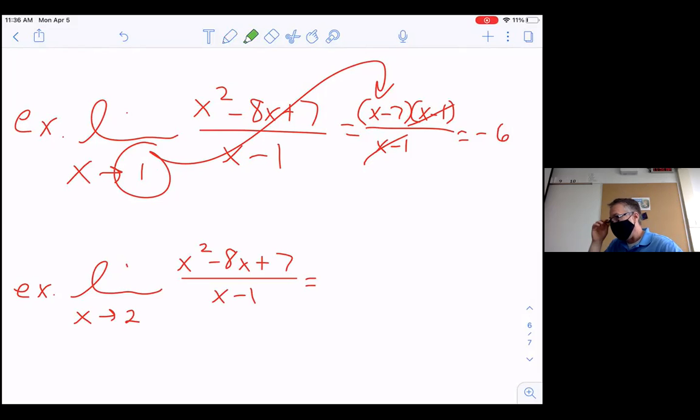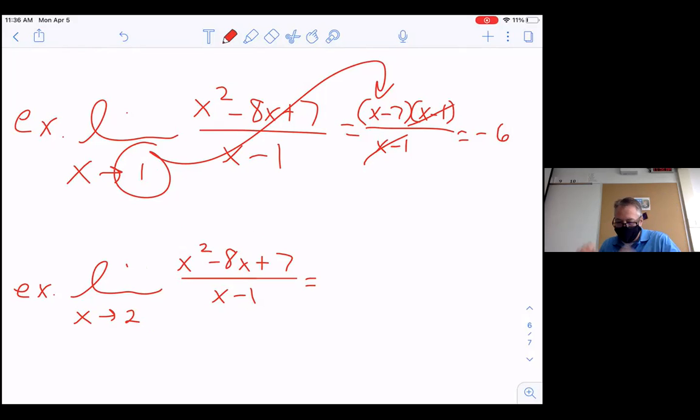So first thing, check and see, is it to infinity or negative infinity? It's not. Okay, so we're not doing the positive negative thing. Next check is, can we do a direct substitution? It looks like we can in this case. So all I'm doing is taking 2 and plugging it in for all of the x's.